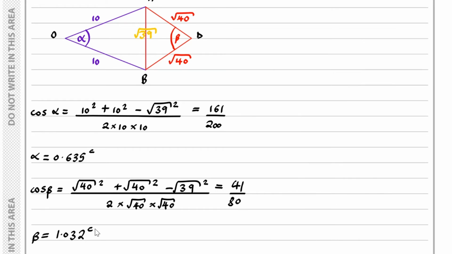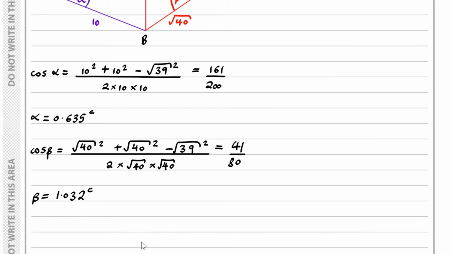radians. Okay, now the arc length is equal to the radius times theta.